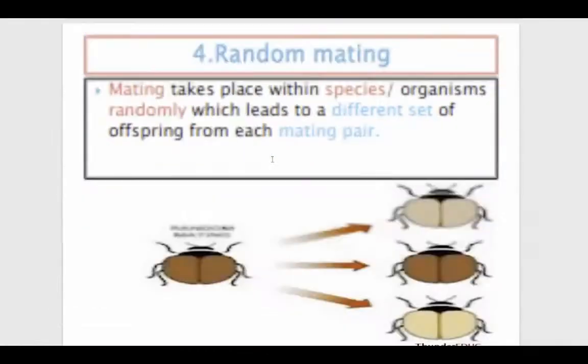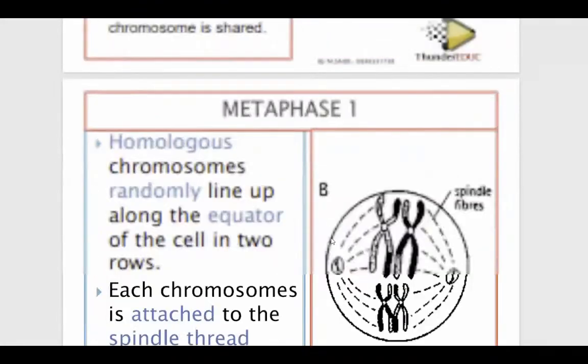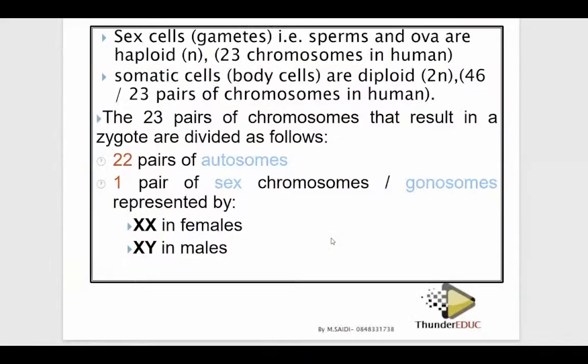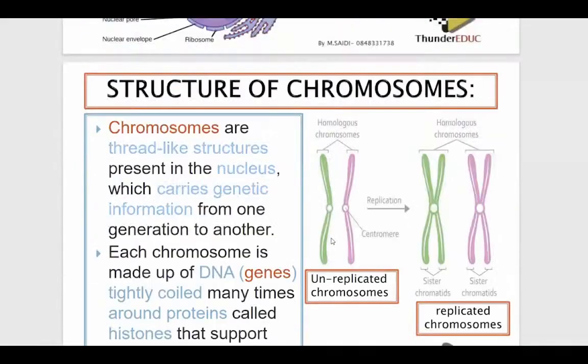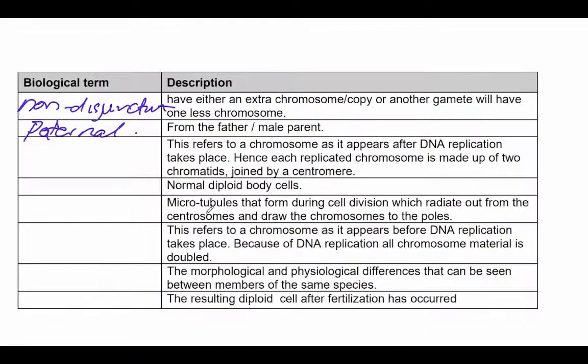I indicated it here in our introduction when I was introducing meiosis. These are homologous chromosomes, but these are unreplicated chromosomes, that is before DNA replication. We can call them single-stranded chromosomes. But after DNA replication has occurred, we call them replicated chromosomes or double-stranded chromosomes. Why? Because they have two strands.